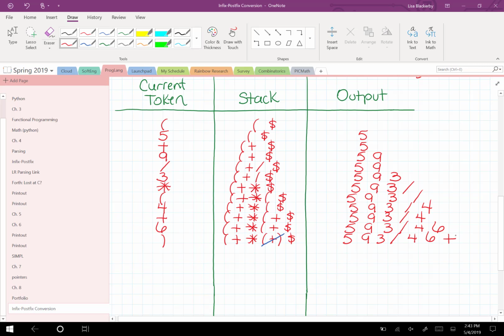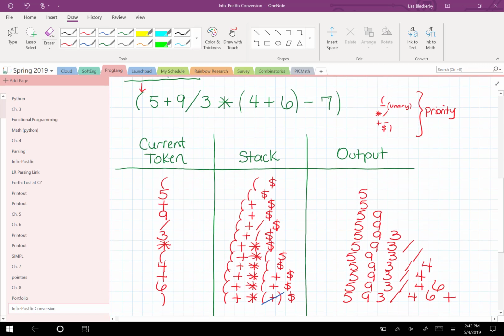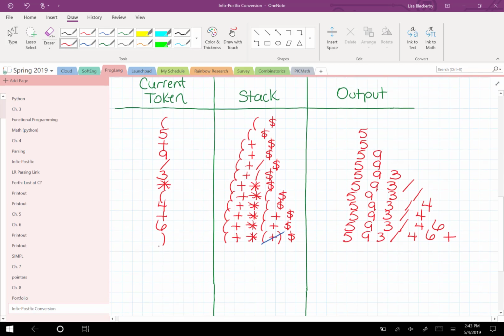Alright, so the next symbol is negative, minus.